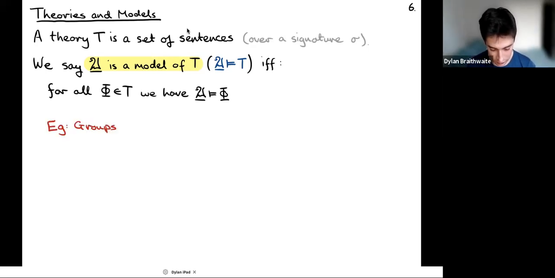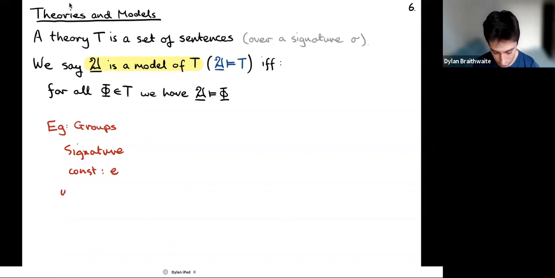I can give a bit of an example here for groups. A signature for groups will have a constant, which is just going to be the identity element of the group, so I'll call that a.